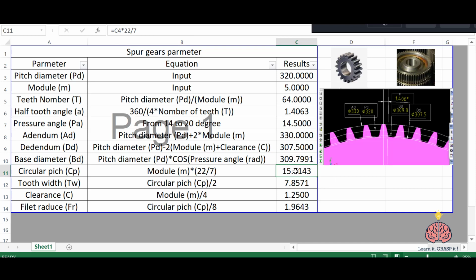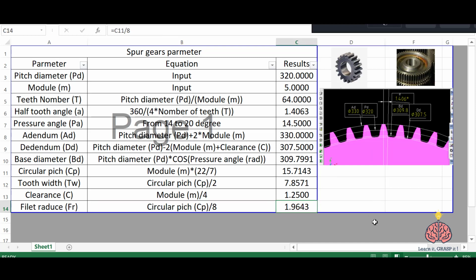Circular pitch equals module multiplied by pi, 3.14 or 22 divided by 7. Then circular pitch divided by 2. Clearance equals module divided by 4. Fillet radius, circular pitch divided by 8.